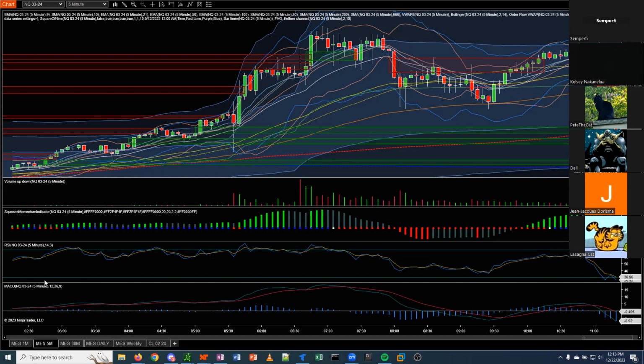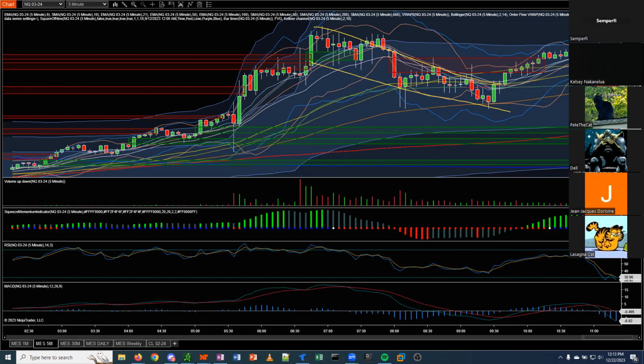Let's just say you entered here on the wrong side and you didn't wait for the pullback. Your pullback was way down here, where you could have entered to get in on this side to go up. But this is not a good example because this is kind of trending down, right?